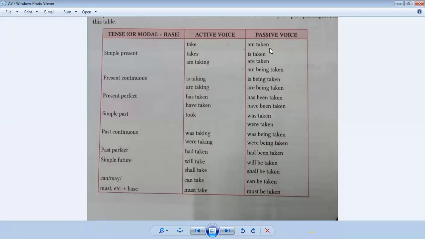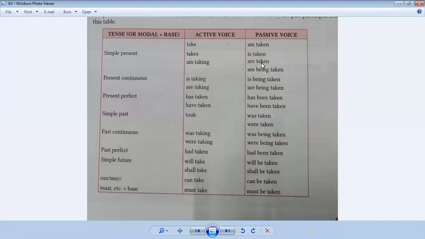Then the passive voice becomes the gifts are taken by me. So you can see here in passive voice, the three possibilities are you can either have am taken, is taken, or are taken. Why? Because in the structure of passive voice, we start with the object, then we add the helping verb. Now the helping verbs in the present tense are am, is, are. Then we add the past participle of the main verb, which is taken, plus by plus subject.